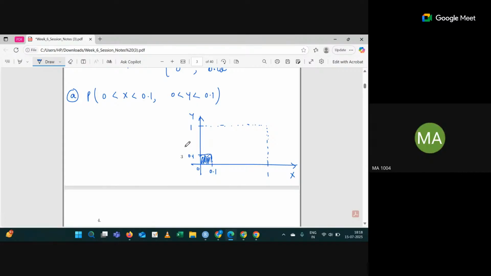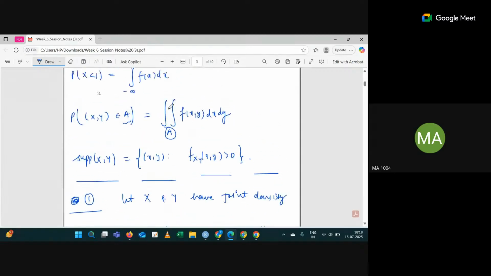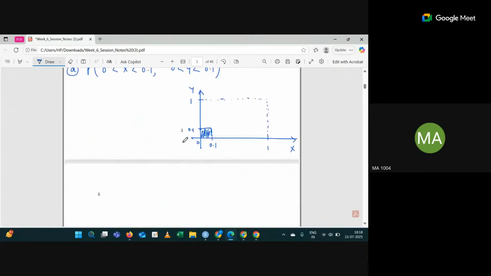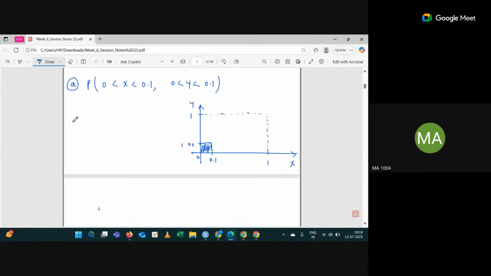Another way is to start with our usual 2D integration. Let's see how to integrate. So let's write the integral of f of x comma y, dx first. What is the limit of x? 0 to 0.1. Then dy, what is the limit of y? 0 to 0.1, correct?